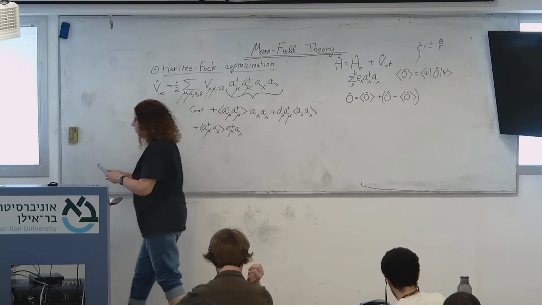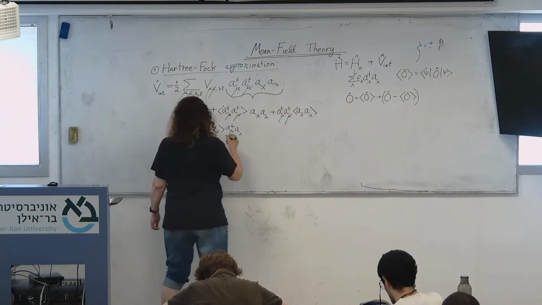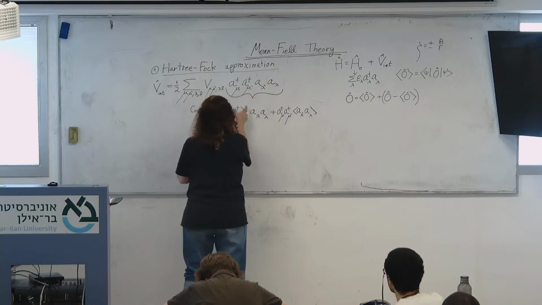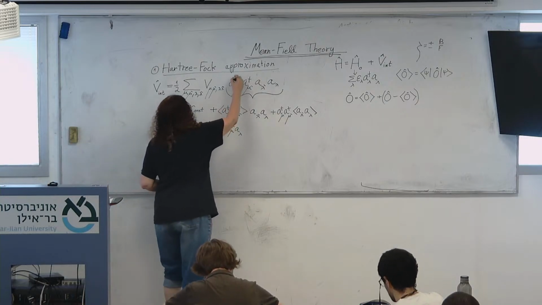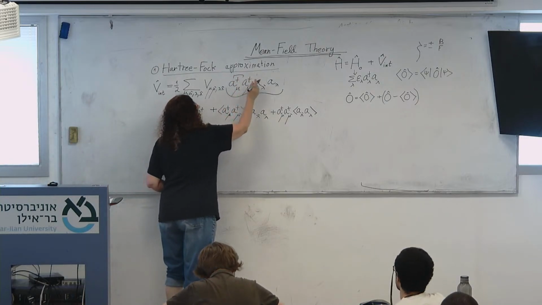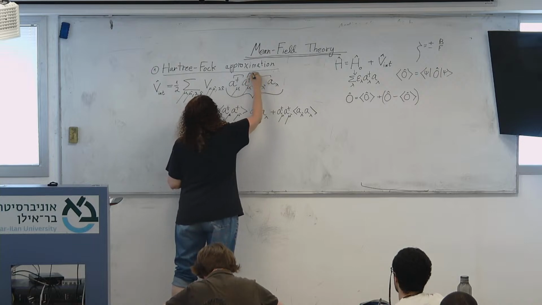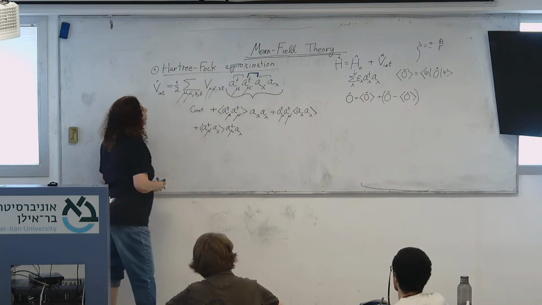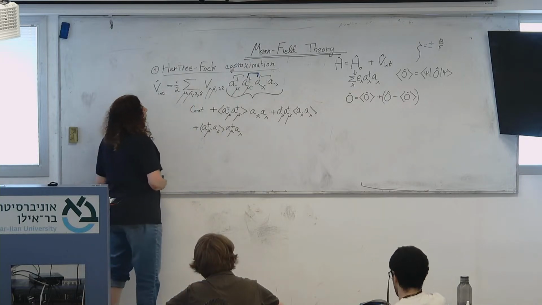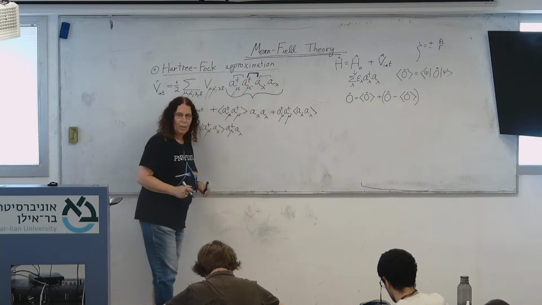Which is coming from, so these terms come from putting contractors on either this or this, and this term comes from putting the contractors between two adjacent A dagger A, and either this or this, it doesn't matter because these are dummy indices.